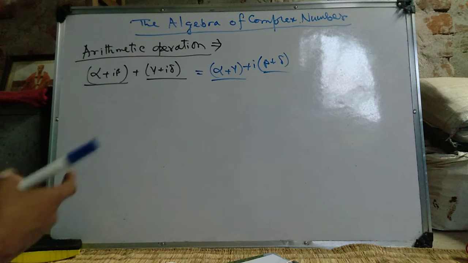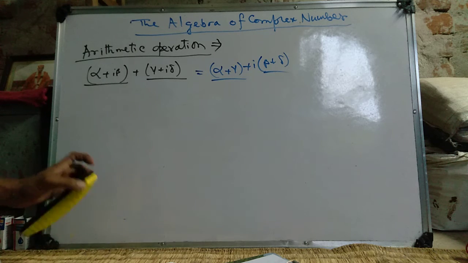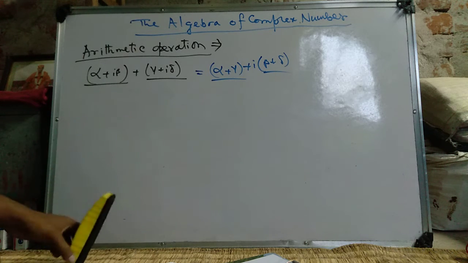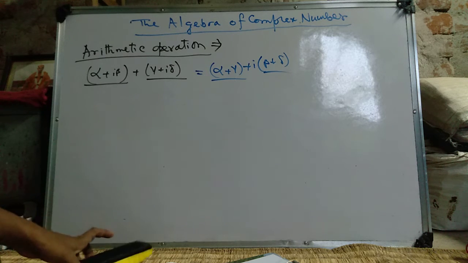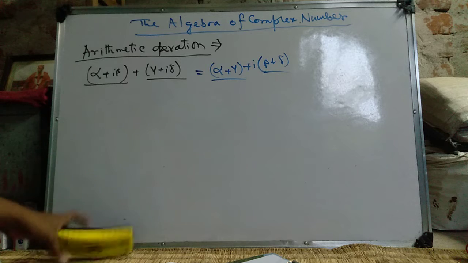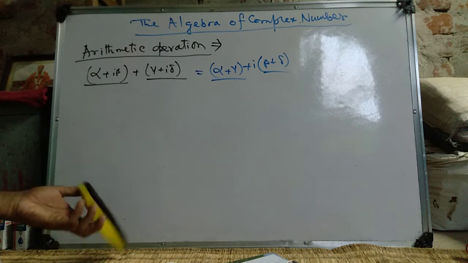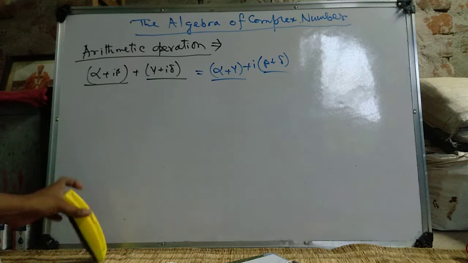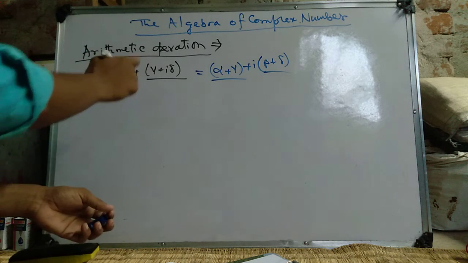If you have more numbers, it is the same: we add the real parts of all the quantities and the imaginary parts of all the complex numbers, and the result is the sum of those complex numbers. Next, we discuss the additive operator.